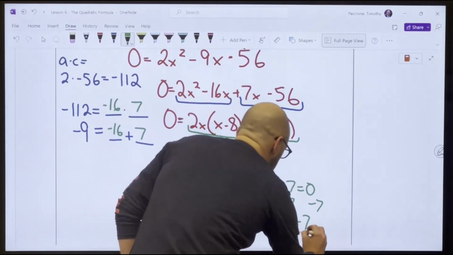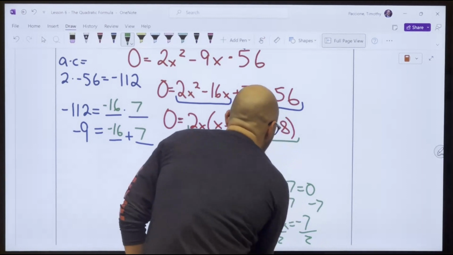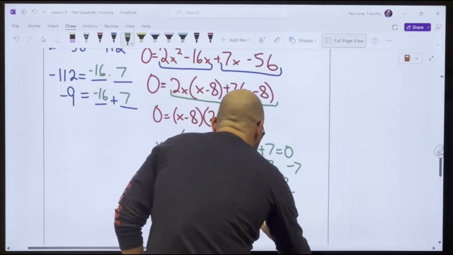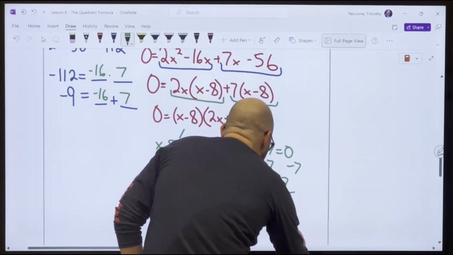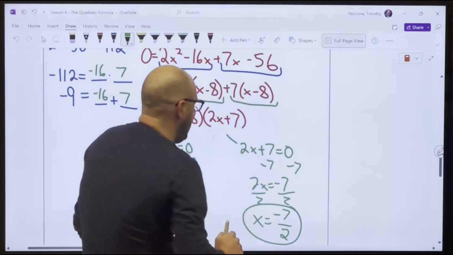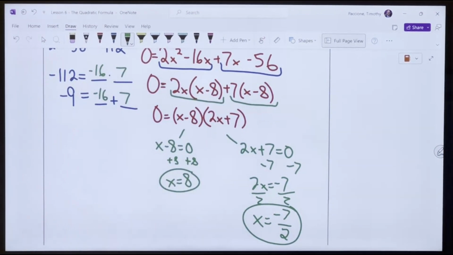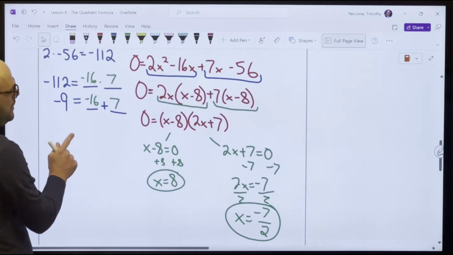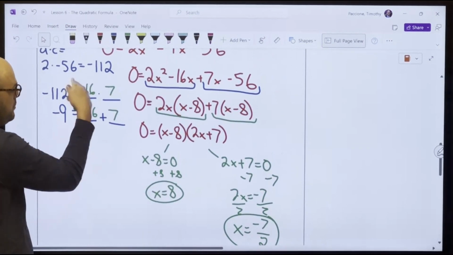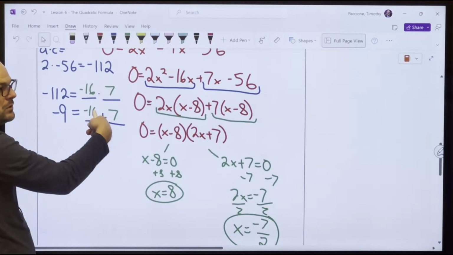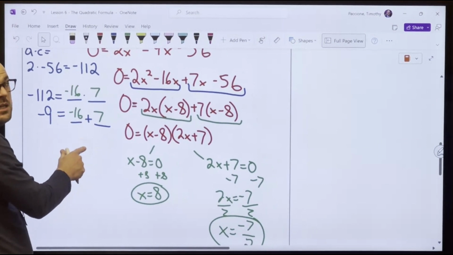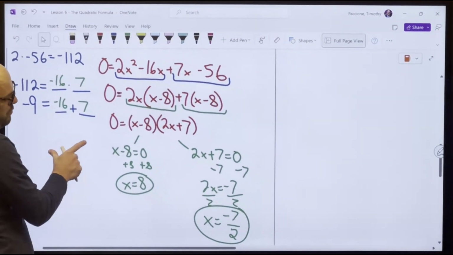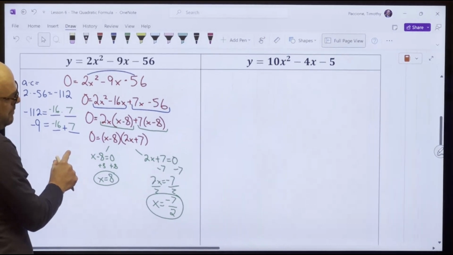Divide by 2, divide by 2. And I get x equals negative 7 halves. Okay? So that's what you would do. A little review of the rainbow method, but maybe you could never figure this out, and that's why we have today's lesson.